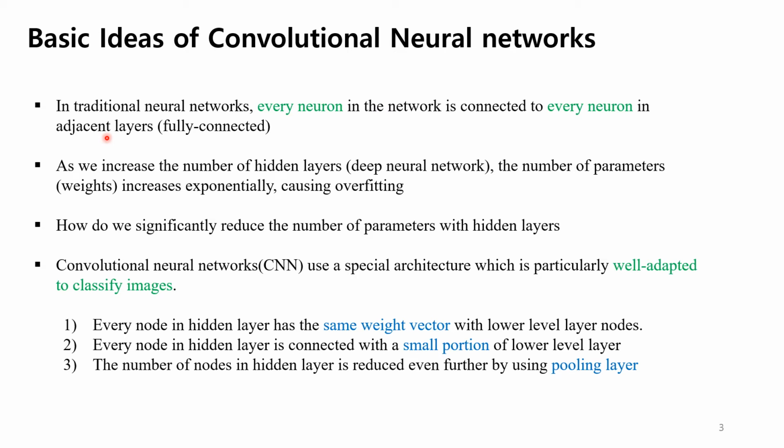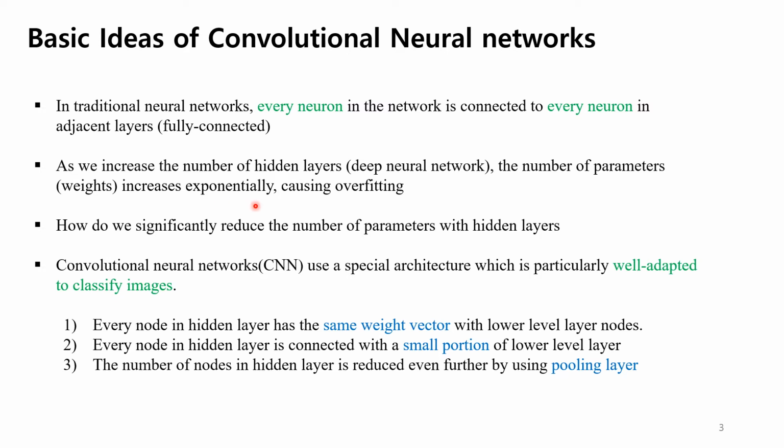Because these neurons are fully connected, the problem is that if you add more hidden layers, the number of parameters increases exponentially.